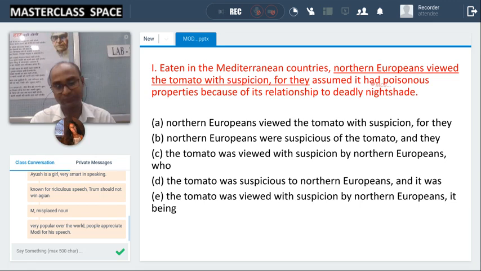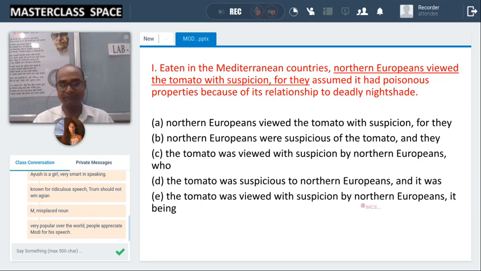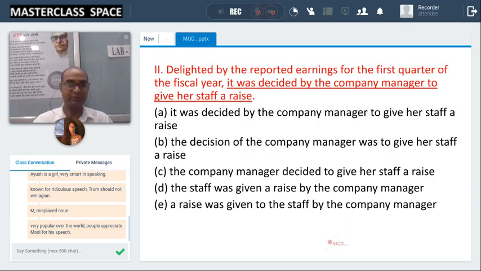Would it be C? Yeah, it is. Remember, whenever we talk about it being, there being, we generally ignore such words. Now, of course, the tomato was suspicious is not possible. So C is the best option.